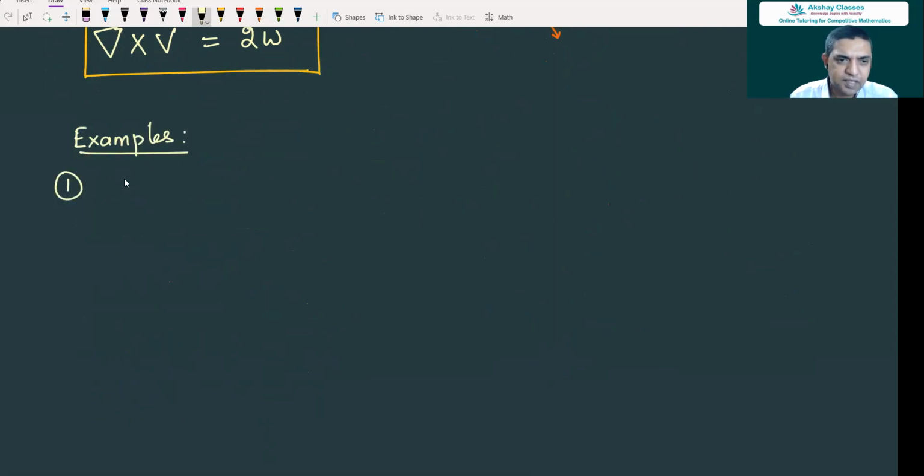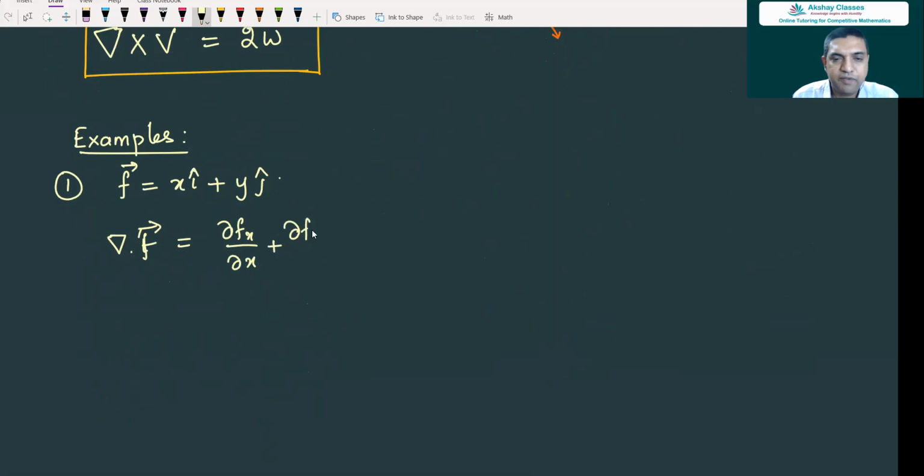Look at this now, examples. So let's say f is x i plus y j. This is the vector field. Now del dot f, the divergence. You get dou f x component by dou x plus dou f y component by dou y.